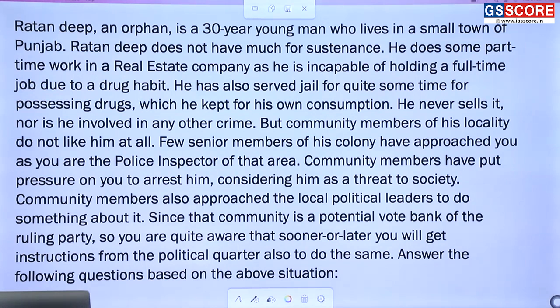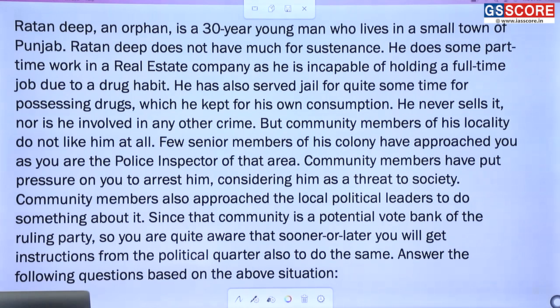He never sold it, nor is he involved in any other crime, but community members of his locality do not like him at all. A few senior members of his colony have approached you, as you are the police inspector of that area. Community members have put pressure on you to arrest him, considering him a threat to society.